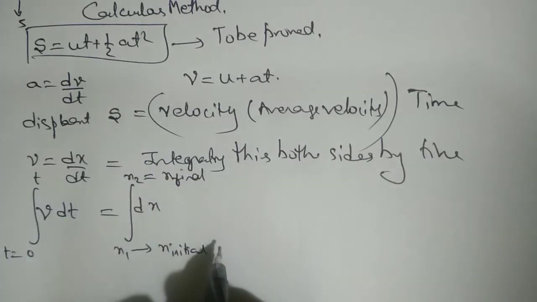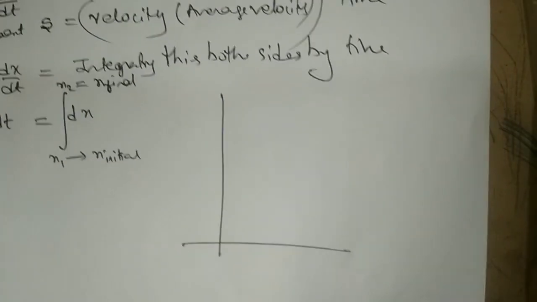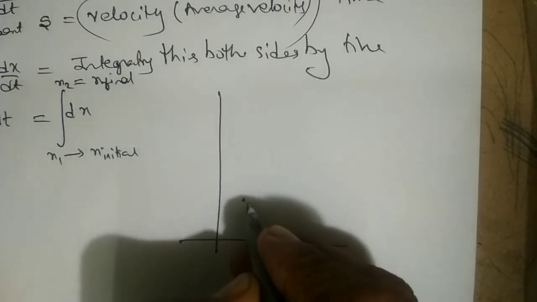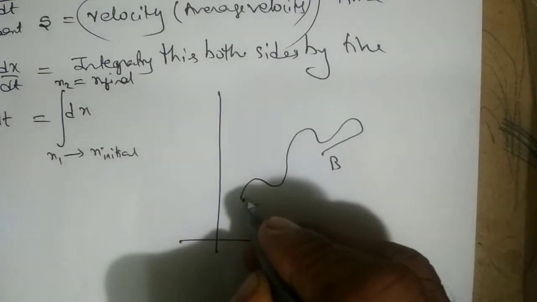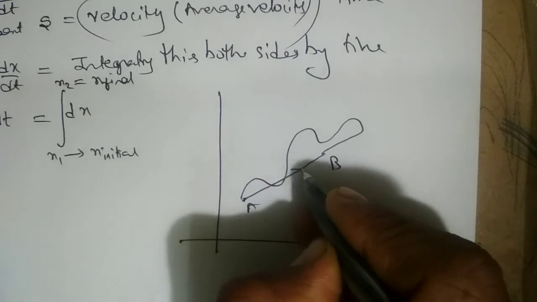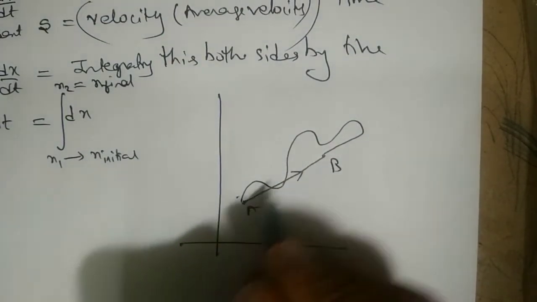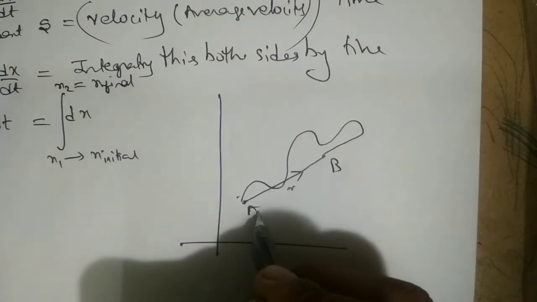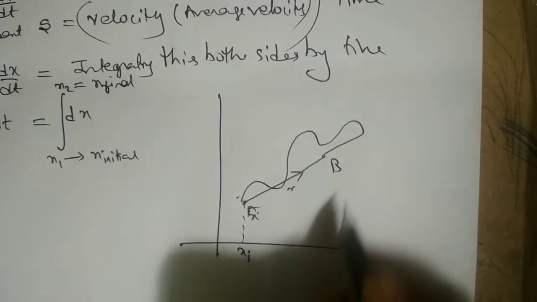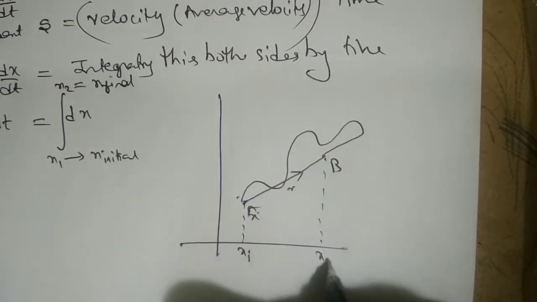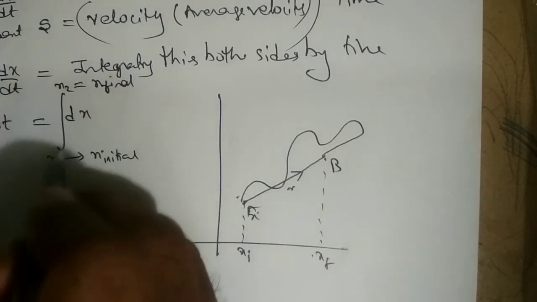As I told you in the first lecture, x1 and x2 are nothing but point A to point B. The body has gone like this, and this is our displacement, the shortest path between the initial and final points. If you put it on the x-axis, this is your xi or x1, and this is your xf or x2.